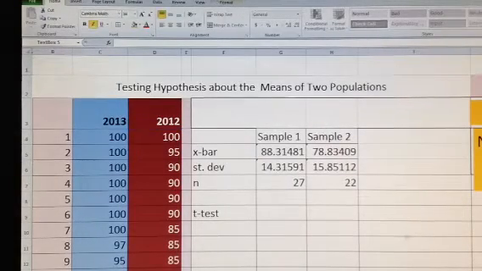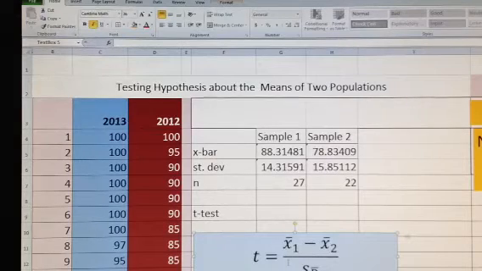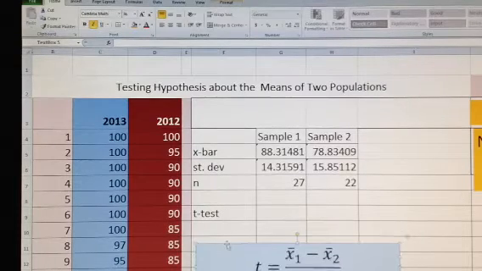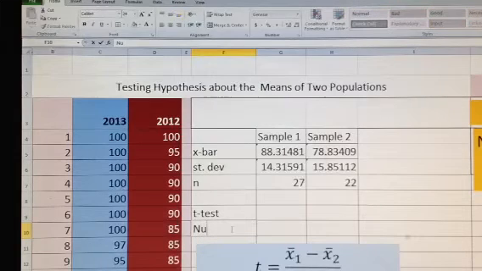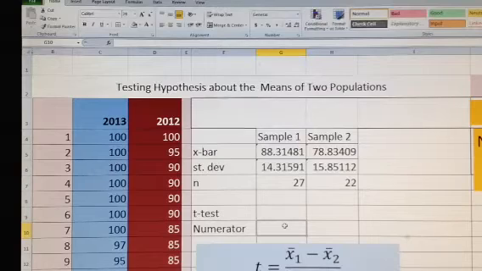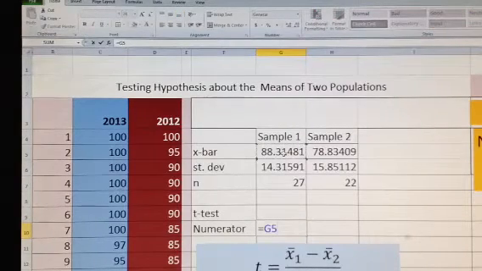To calculate the significance of this difference, I will need to use this formula for the t-test. This formula evidently has a numerator, which I can calculate very easily. The numerator is equal to the average x1 bar minus x2 bar.